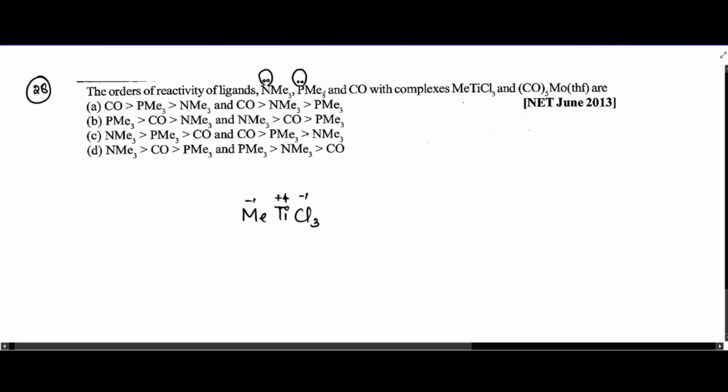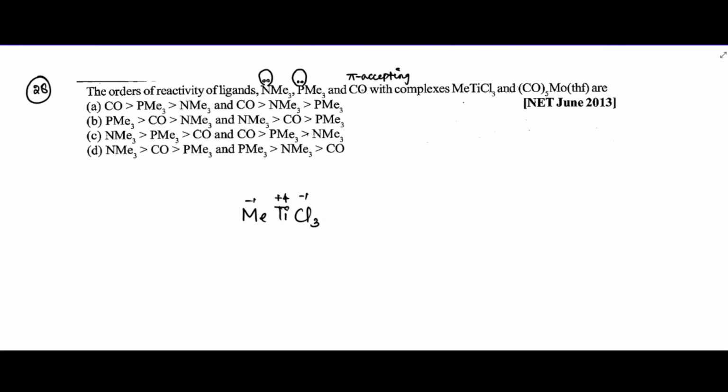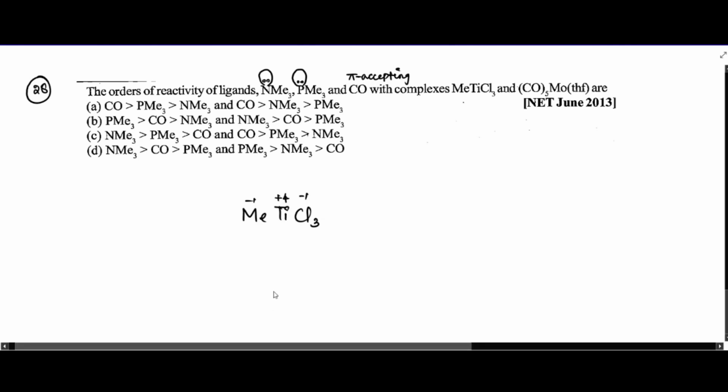And what is the nature of carbonyl? Carbon monoxide is a very strong pi accepting ligand. So a complex with titanium in a very high oxidation state won't form a complex with CO. Why? Because CO pulls electrons from the metal towards itself. Understood?